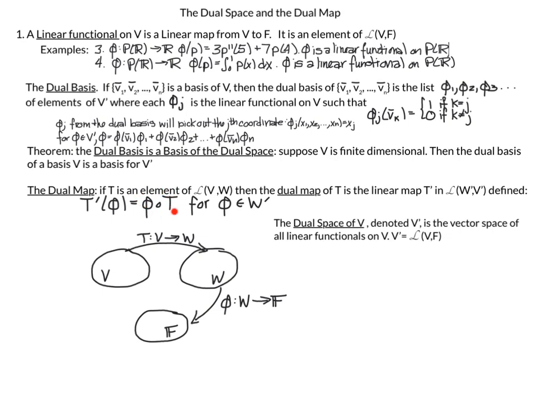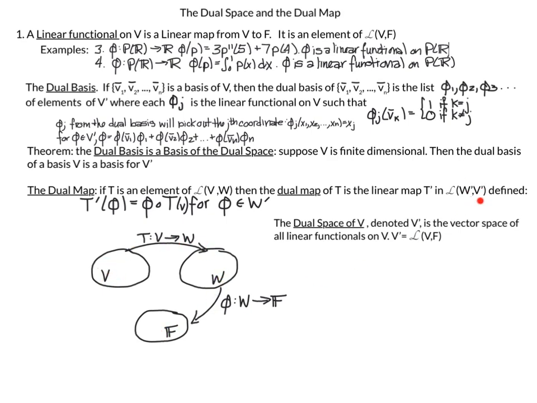Remember, function composition kind of goes from the inside out. So if we have phi composed with T of v, first we let T operate on v and we get mapped to W. And next, once we have a vector in W, we let phi map on W to give us a scalar. And this function composition then gives us a mapping from V to the scalar.